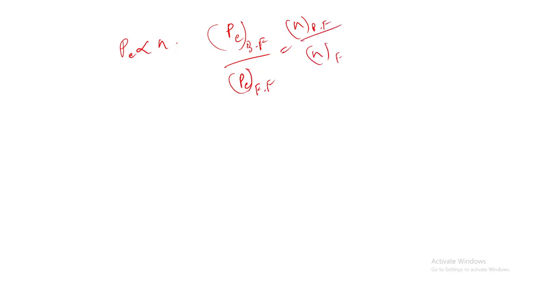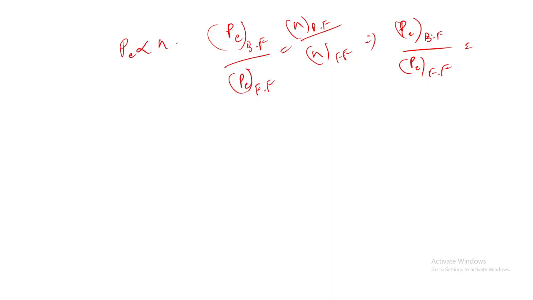So here PE, the buckling load, is directly proportional to n. So PE for both sides fixed divided by PE for fixed and free will be equal to n of both sides fixed divided by n of fixed and free.